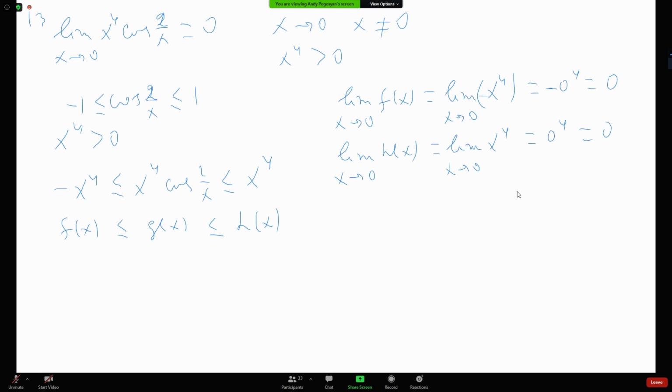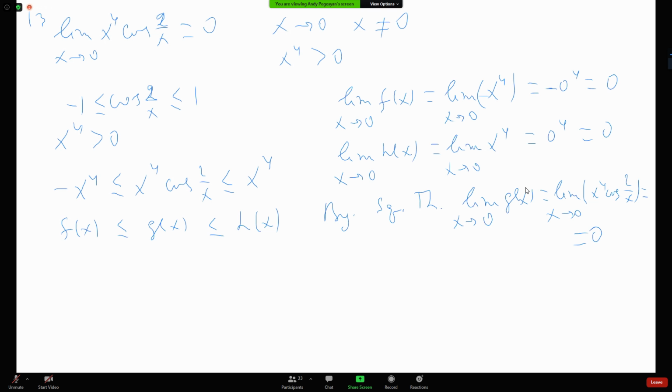Now by the squeeze theorem, the limit of g of x as x approaches 0, which is the limit of x to the 4 cosine 2 over x, is 0. And we're done.